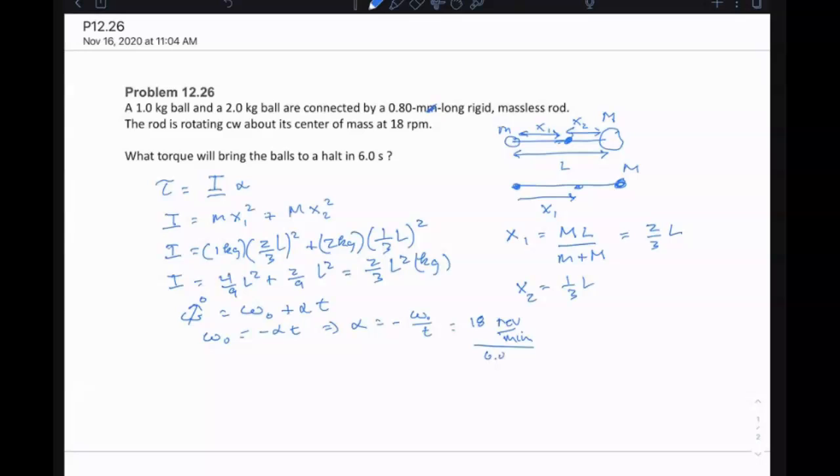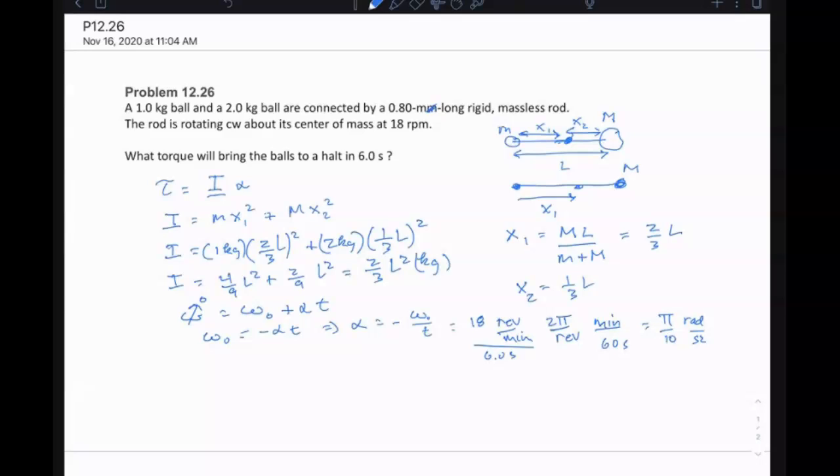And for every revolution, we have 2 pi radians. And for every minute, we have 60 seconds. And when I calculate that, I get pi over 10 radians per second squared for alpha.